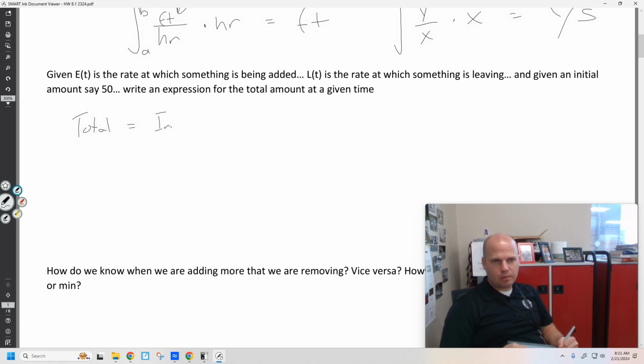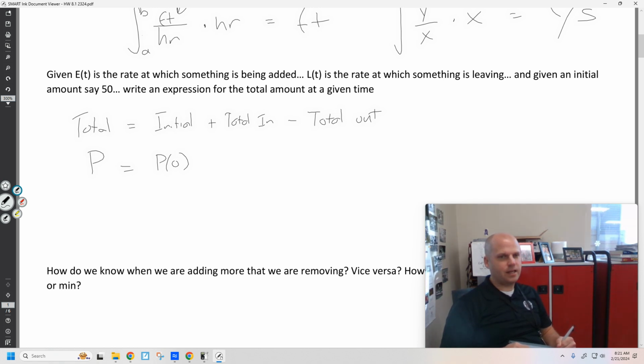You have an initial amount. You have a total amount coming in. You have a total amount going out that you'll have to subtract, and a lot of people understand that. Now, we are going to use the letter P for the total. We're going to use P of 0 being an initial amount. The total in, well, if I'm given a rate in, I need to accumulate my rate in.